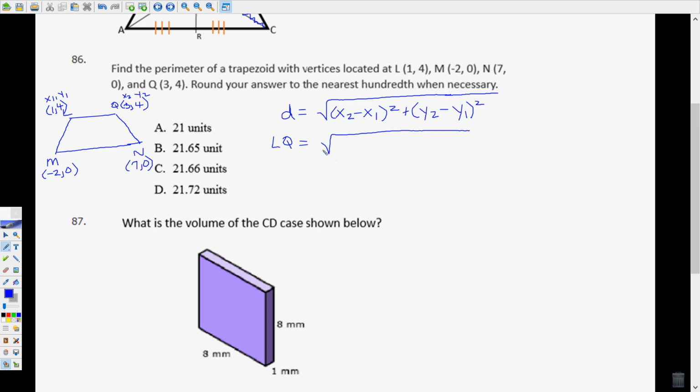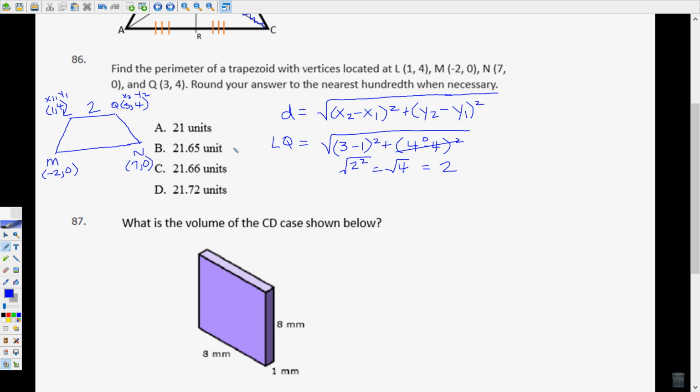So I just plugged and chugged: 3 minus 1 all squared plus 4 minus 4 all squared under the radical. So 4 minus 4 is 0, 3 minus 1 is 2, 2 squared is 4, and the square root of 4 is 2. So the length of LQ is 2.